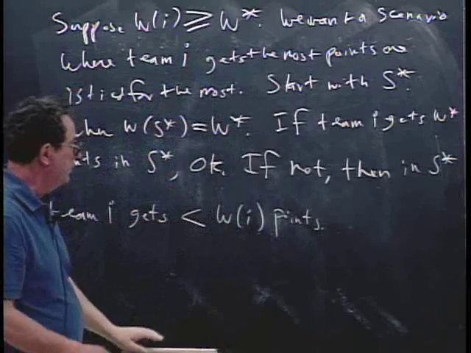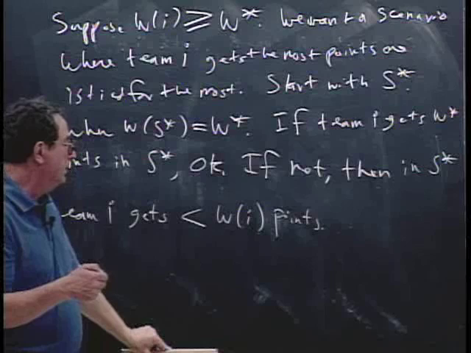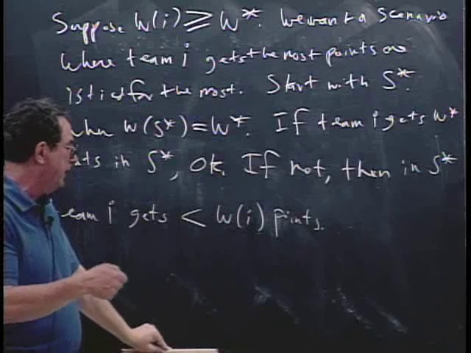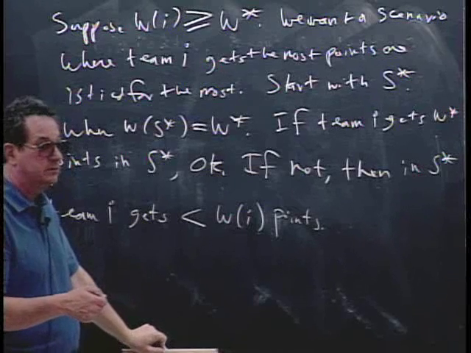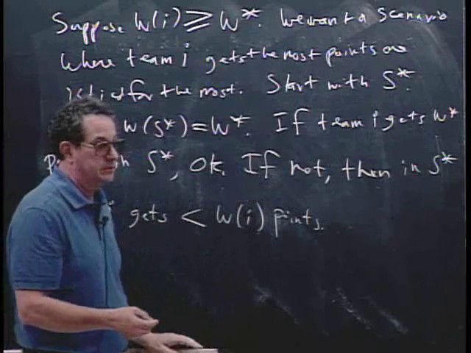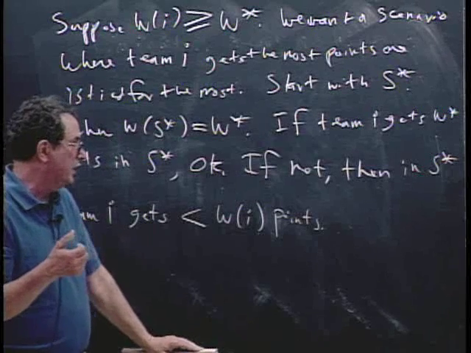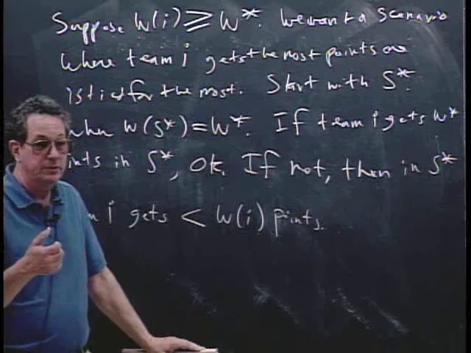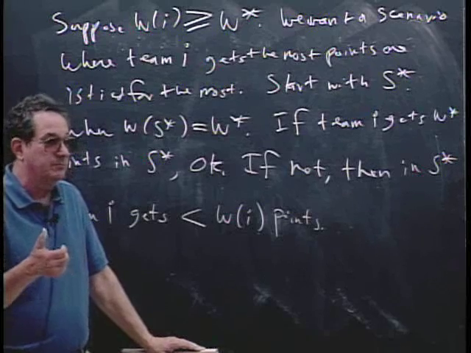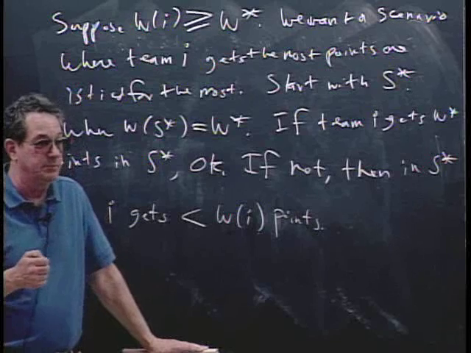Okay? Because it's getting less than W star points, and WI is greater than or equal to W star points. But that means that we can go around to games, in each game where Team I does not get the maximum possible points. Remember, this is the scenario for the future games. So in each game where Team I does not get the maximum possible points, we'll just change the outcome in that scenario to where Team I does get the maximum possible points.